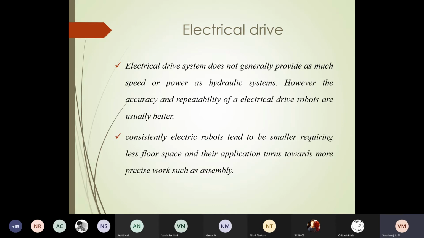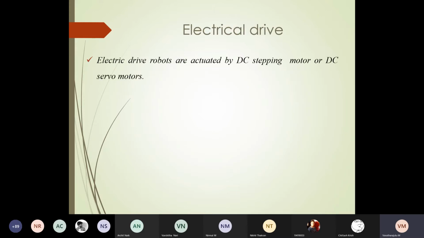Consequently, electrical robots tend to be smaller, requiring less floor space, and their applications turn towards more precise work such as assembly. The hydraulic system requires high floor space, whereas the electrical drive system requires less floor space.